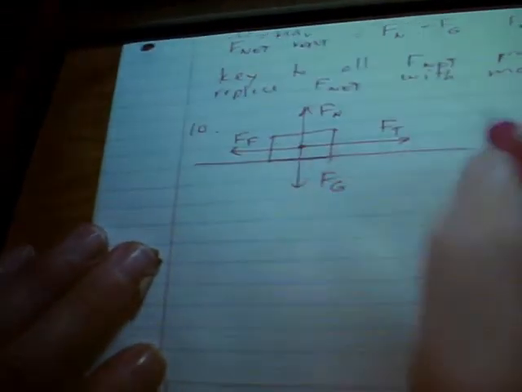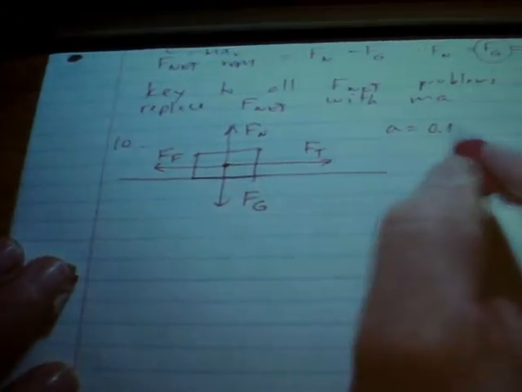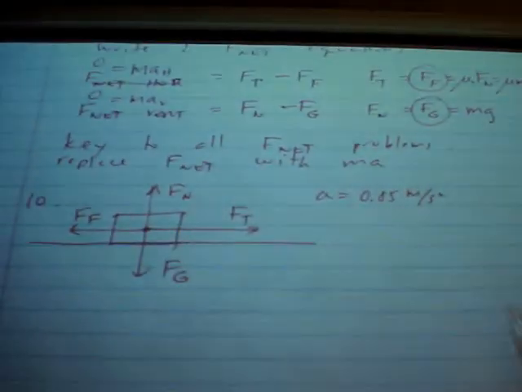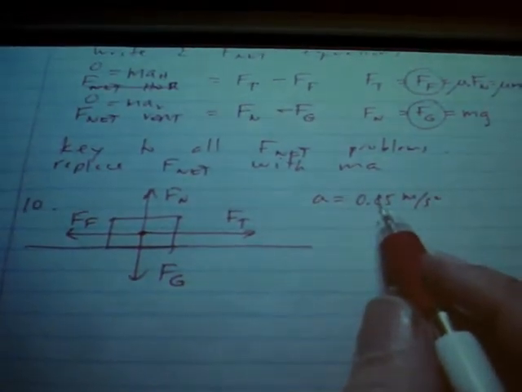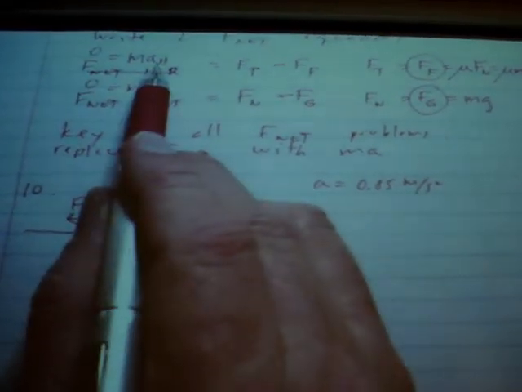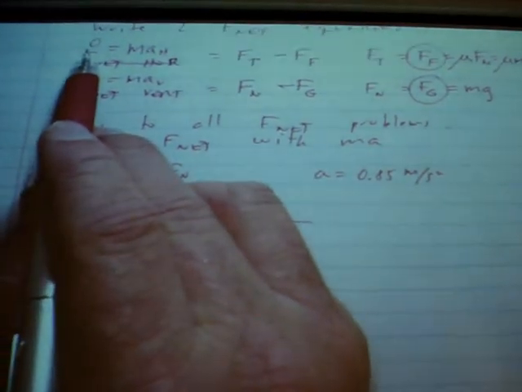All right. Anyway, this one, now there's an acceleration. Acceleration is 0.85 meters per second squared. What do you replace up here then with that? F-net horizontally, the ma horizontal is no longer 0, right?